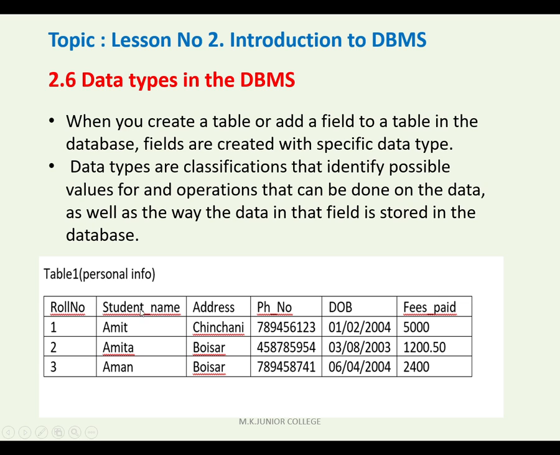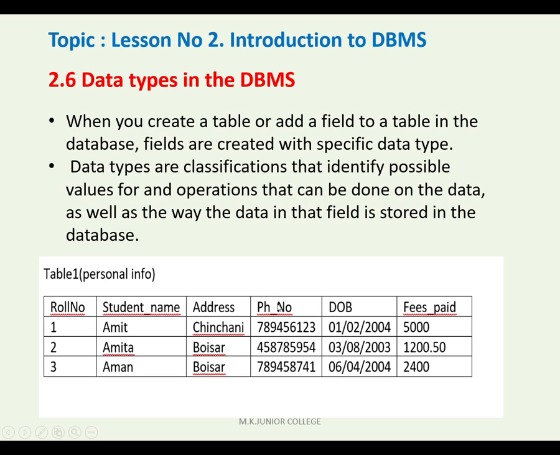I know I am going to add all characters under this student name. So I have to consider the data type for this field as character or text. The next field is address. My dear students, under the address you are going to add characters only. So I will consider the data type for this address again as text.